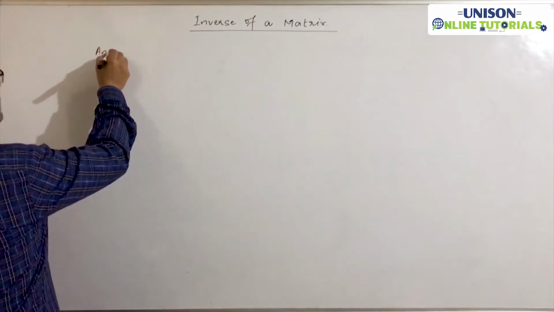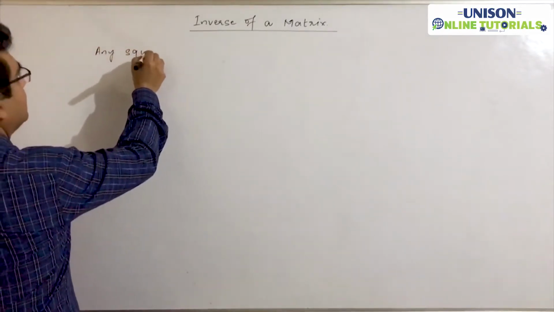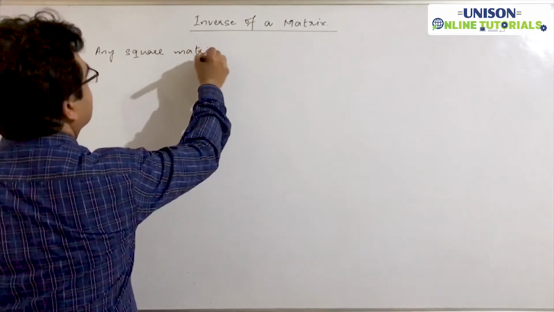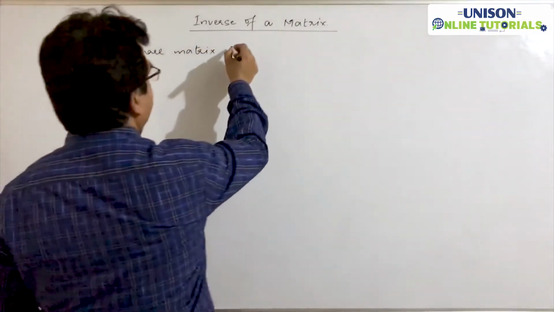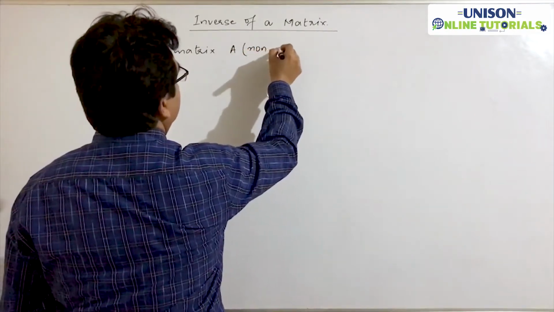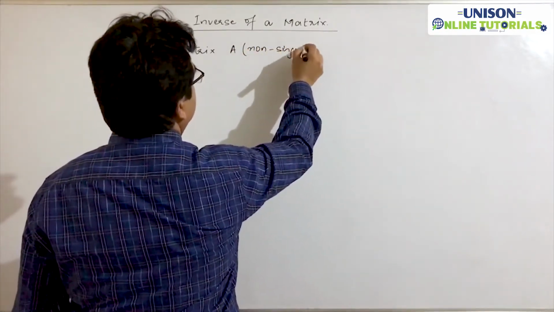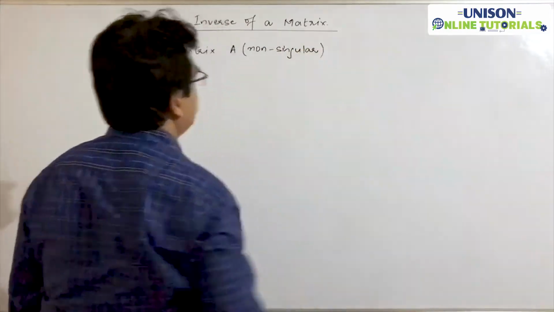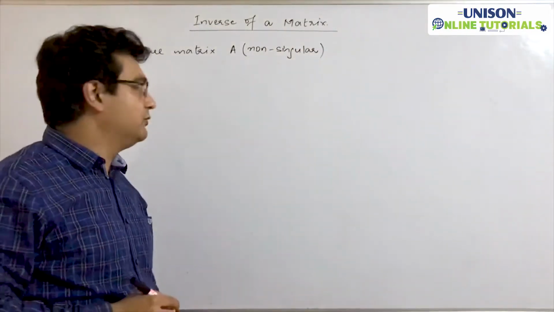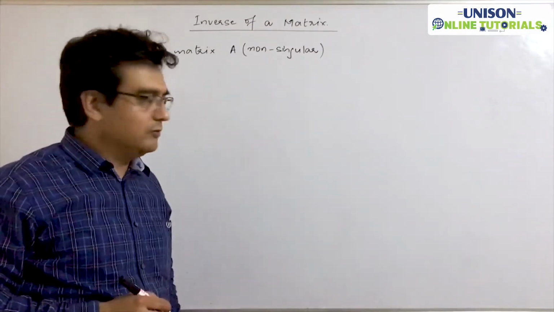Any square matrix A that is non-singular, that is, its determinant should not be equal to 0.